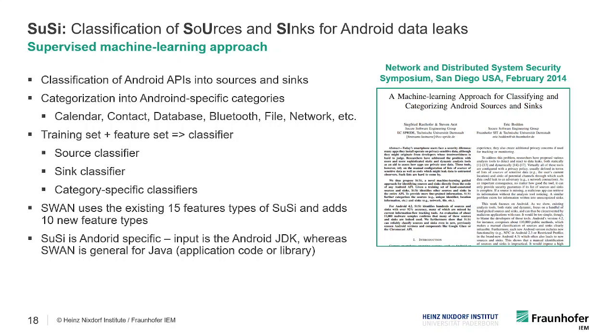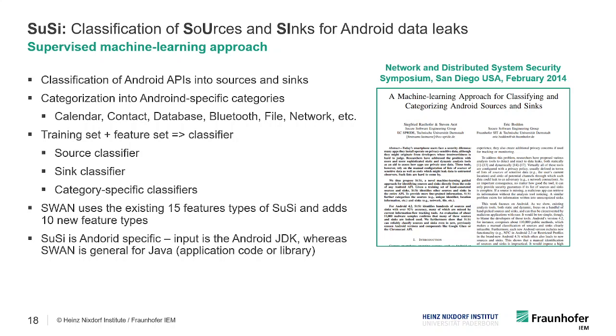As we saw in the beginning of this lecture, FlowDroid is only targeting data leaks, so all modeling and all types of features that were selected are targeted to data leak problems. Instead of classification into different security vulnerabilities, SUSI is able to classify the sources and sinks into types like calendar, contact, database, and so on.